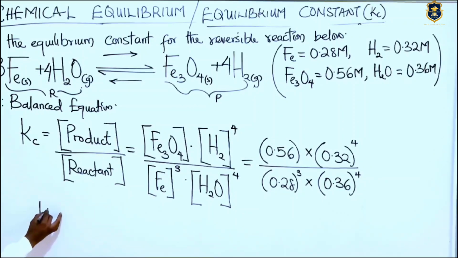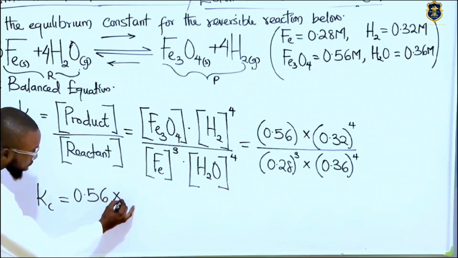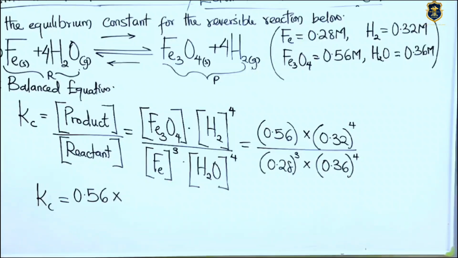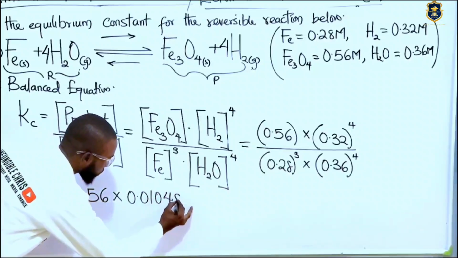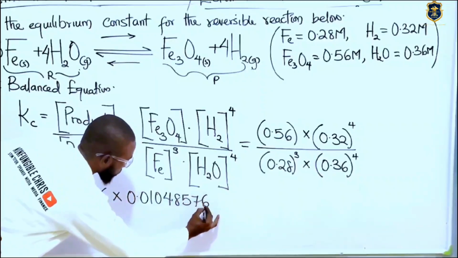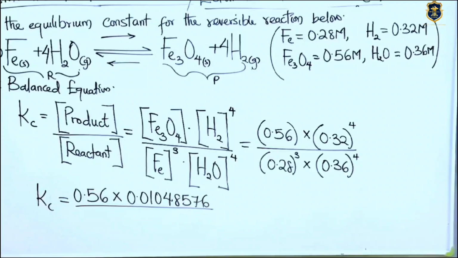So with that, we have our Kc equal to 0.56 times 0.32 raised to the power of 4, we're going to get 0.01048576, over what do we have? 0.28 raised to the power of 3.